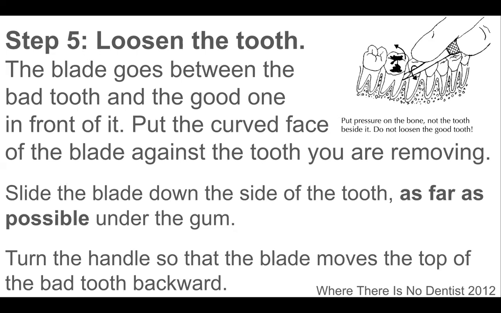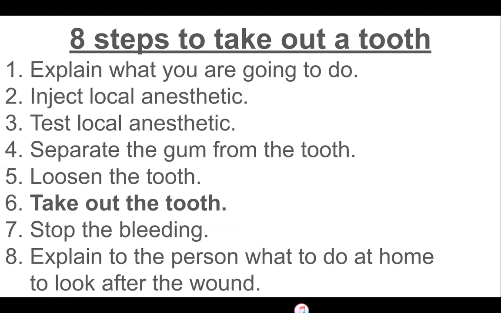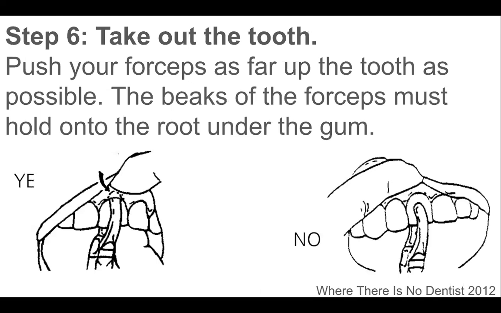So every time you elevate to loosen a tooth, you need to go down as far as possible under the gum. Turn the handle so that the blade moves to the top of the bad tooth backward. After you have loosened the tooth, you can take out the tooth by using forceps.